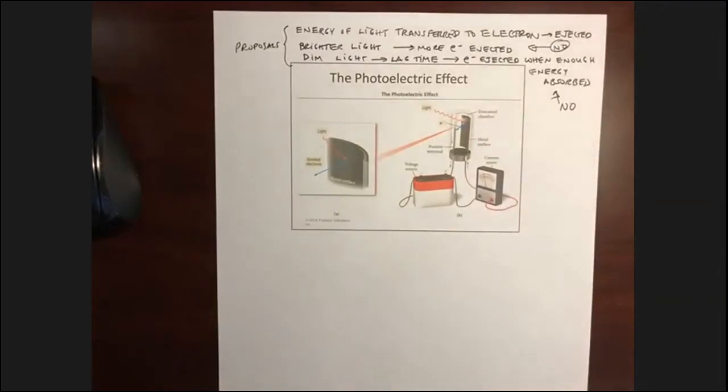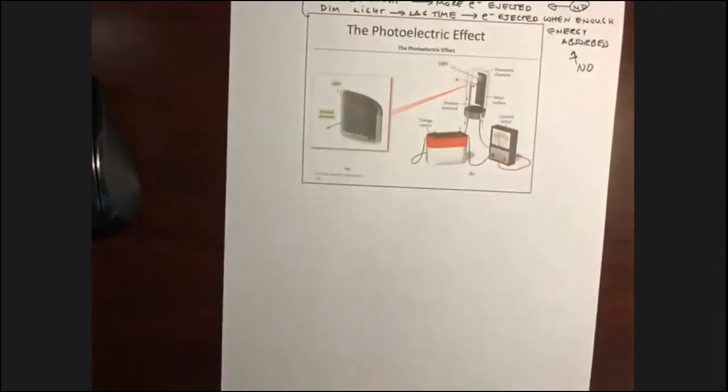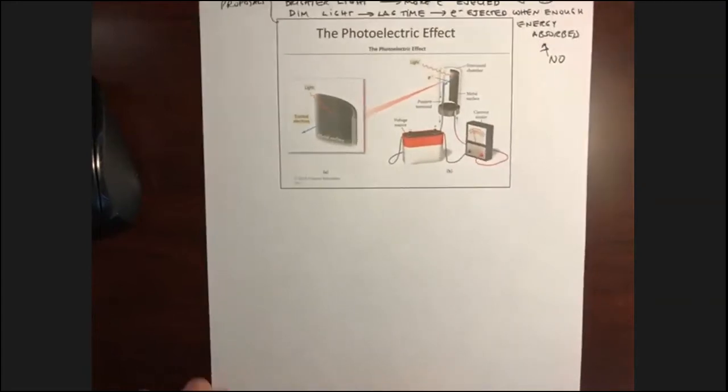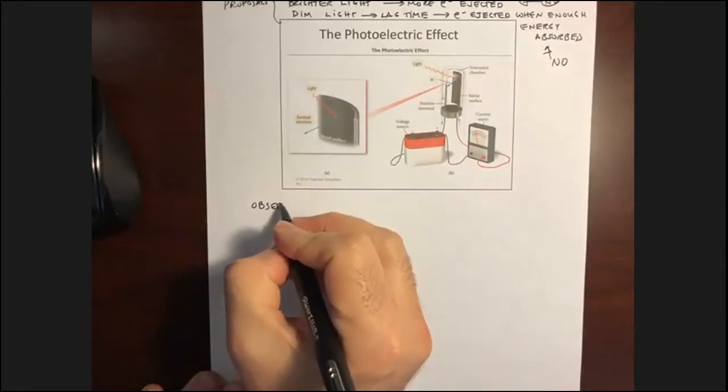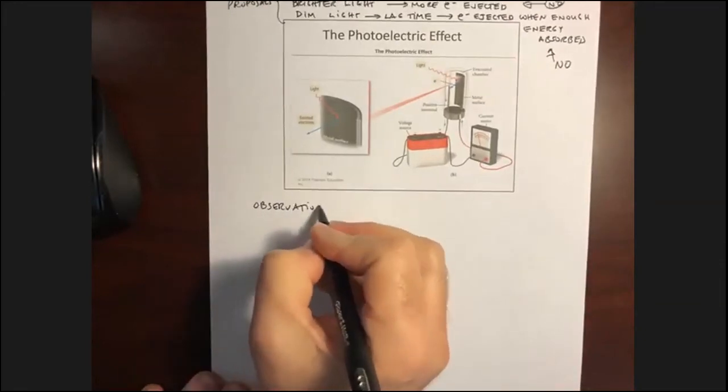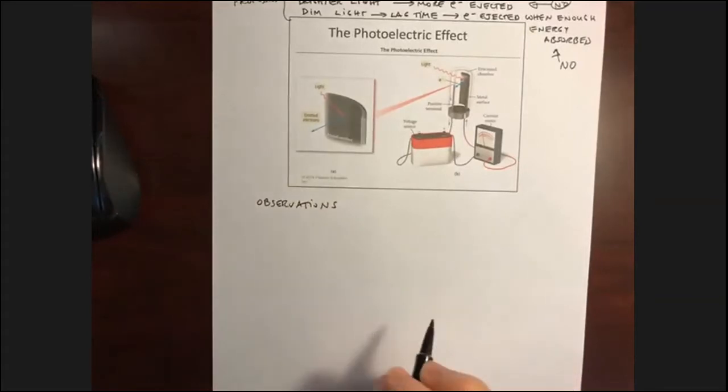As a matter of fact, let me walk you through some of the things that were interesting in the photoelectric effect. These are the observations. I'm taking time to go through this because back in chapter 2, I skipped all of the history of discoveries that led to the model of the atom.